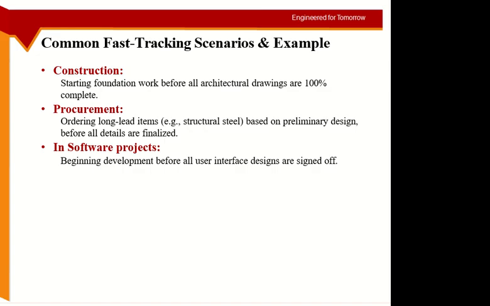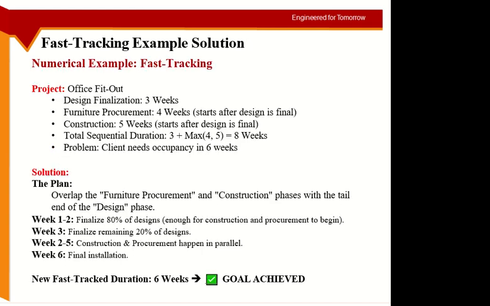In software projects, you may begin the development before the user interface designs are approved. The interface is what you see in front of you, and the development is the coding behind. So you may start the coding before the interface is finally approved, because you know the main things are already decided.